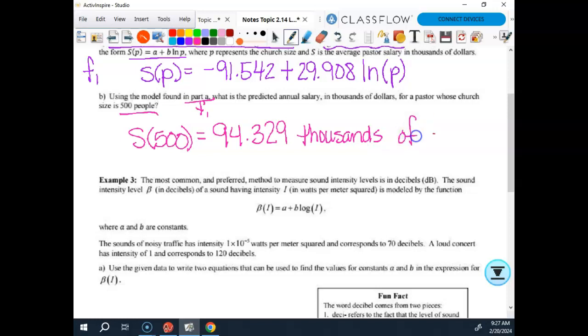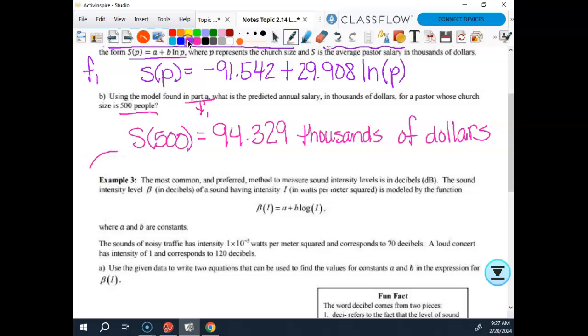It's thousands of dollars. Now, what if I had said, if a pastor has an average salary of $94,000, what would be the average size of his church? Like, what if I gave you the Y and I wanted the X? What screen would I go to for that? I need the graph. This is a log, so we're thinking it looks like something like that, right?